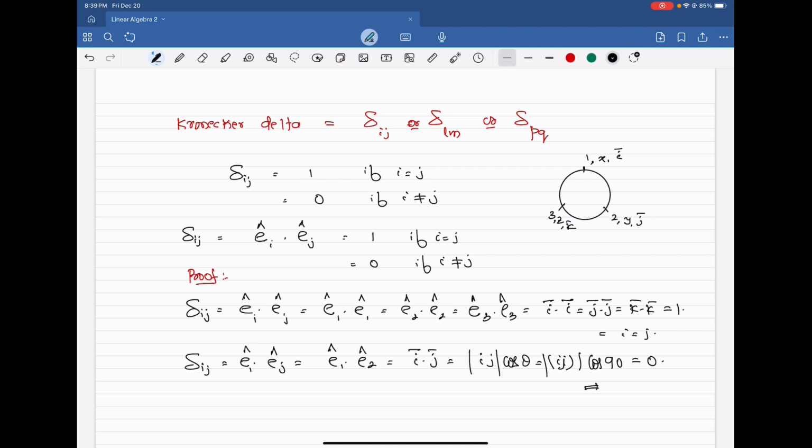That implies when i is not equal to j, Kronecker delta delta ij is equal to 0.